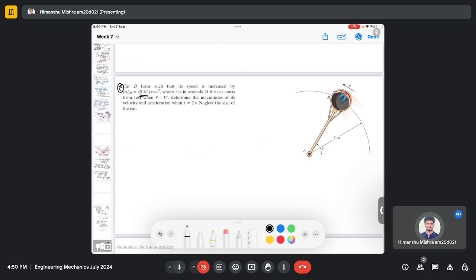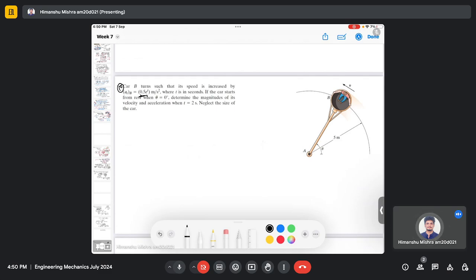It says that if the car B turns such that its speed is increased at 0.5 e to the power t, if the car starts from rest when theta equals 0, determine the magnitude of its velocity and acceleration when t equal 2 seconds.